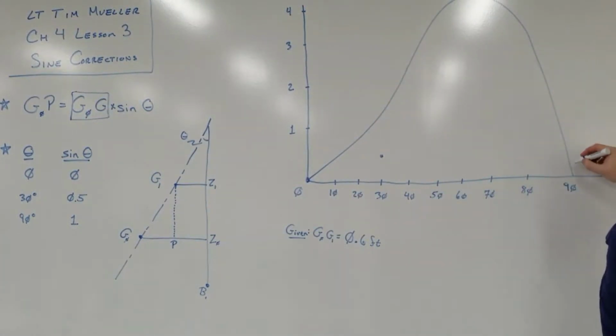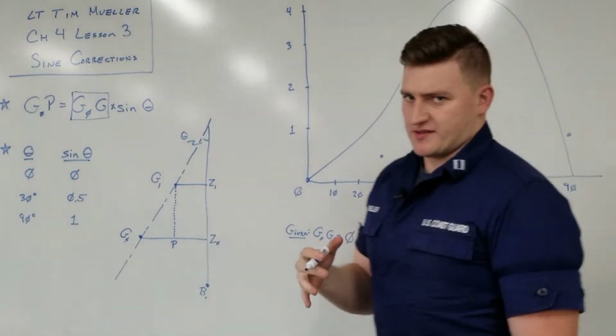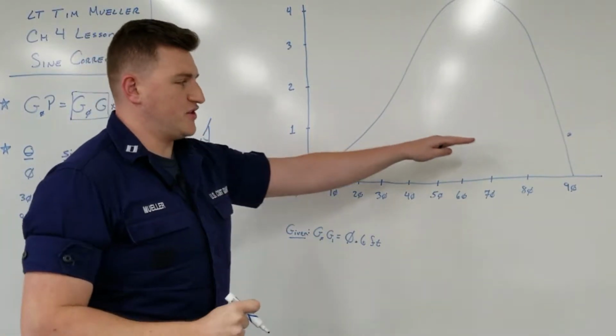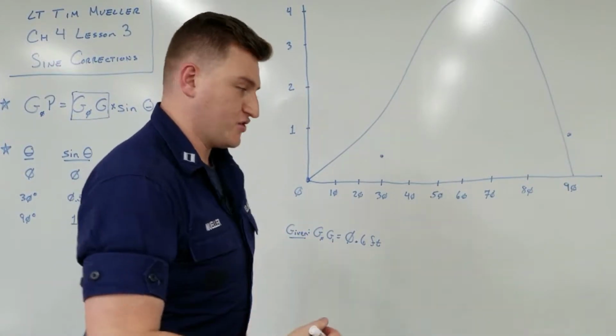So now I go over here to 90. I try and find 0.6 right around there, and I make a point there. Now, this is my kind of pseudo sine curve, because the sine curve is much more smooth than this. However, this is going to give me just enough information that I need to make a quick and rapid decision.